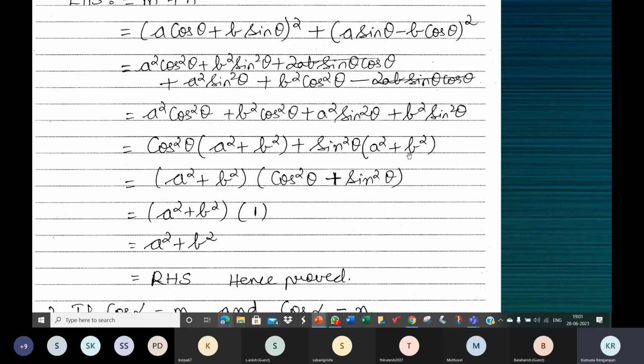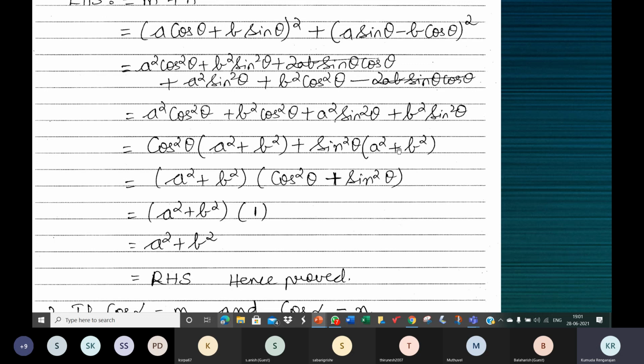Sin square theta is common, and again in the bracket we have a square plus b square. So what happens? A square plus b square is common. Now this is one term, plus this is another term. See, we had 4 terms, 1, 2, 3, 4. We made them 2 terms now. In this step, we have only 2 terms separated by a plus sign.